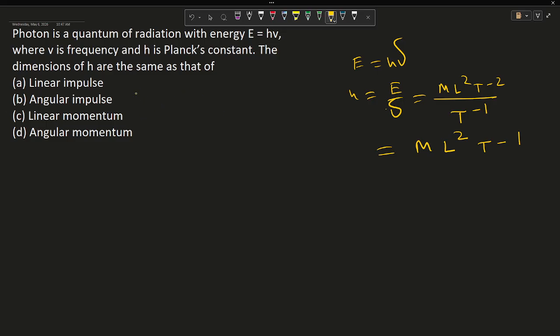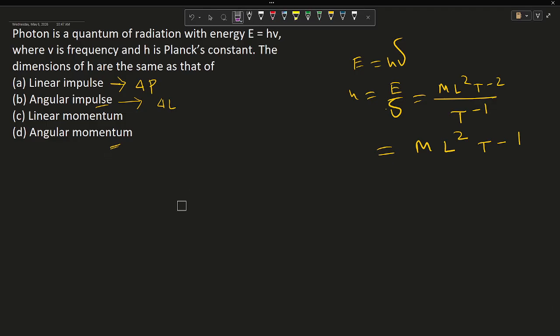Now check the options: linear momentum, angular impulse, and linear impulse. Linear impulse means change of linear momentum, so this one and this one are the same, and angular impulse means change of angular momentum, so this one and this one have the same dimension.